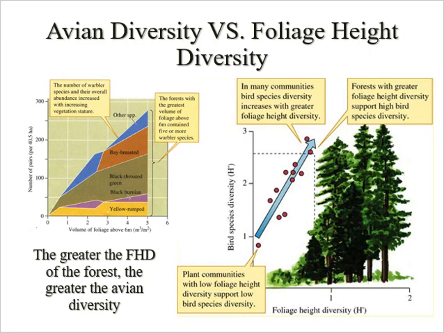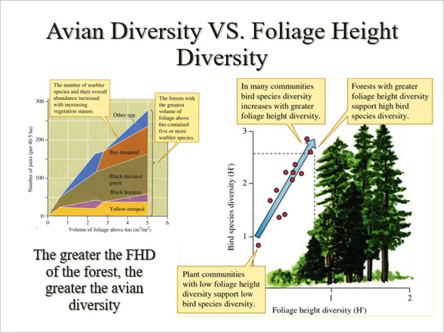And he looked at three specific vertical layers. The layers that he looked at were intervals of 0 to 0.6 meters, 0.6 meters to 7.6 meters, and then greater than 7.6 meters.